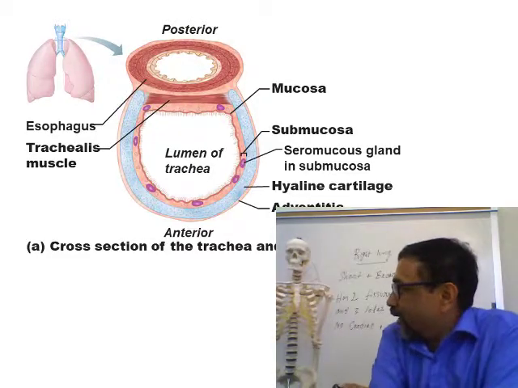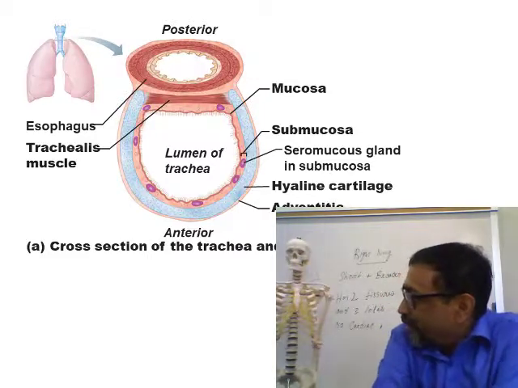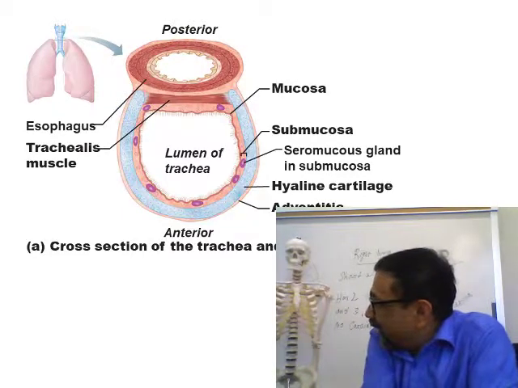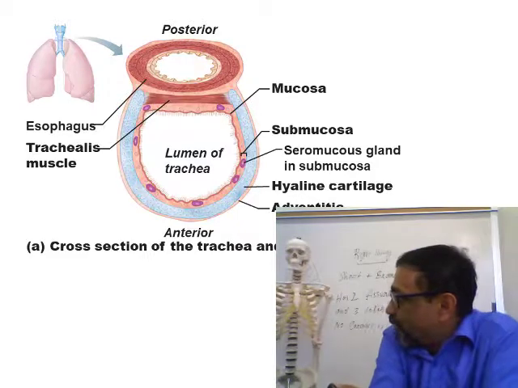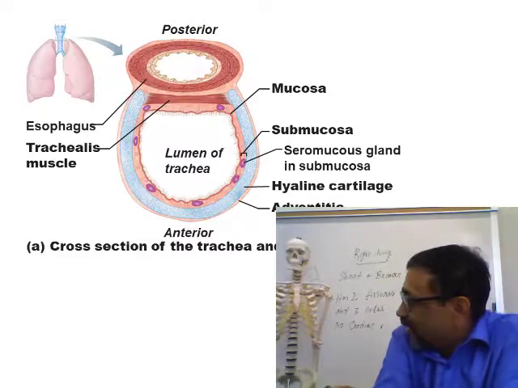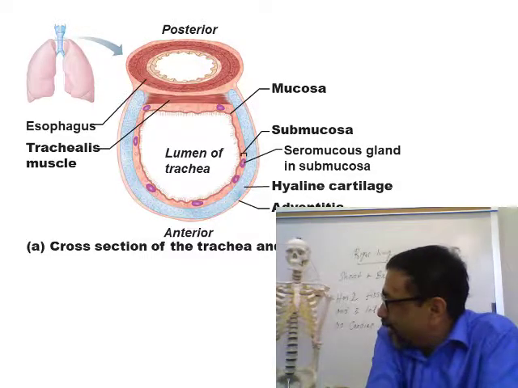Here you see those three layers. You see the mucosa, ciliated columnar, and you can see the cilia if you look carefully. The middle layer is the submucosa, where you can see seromucous glands, and the outer adventitia has the C-shaped hyaline cartilage.